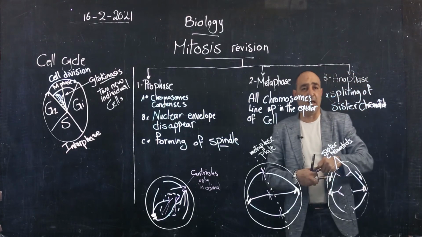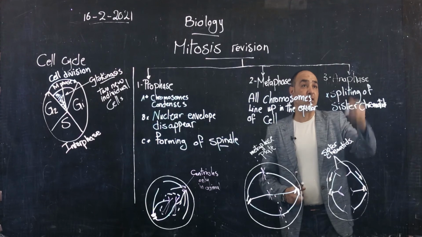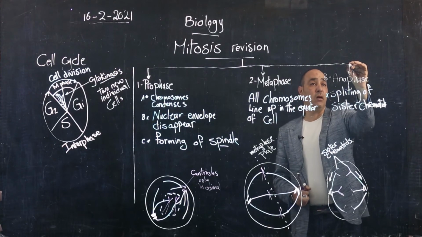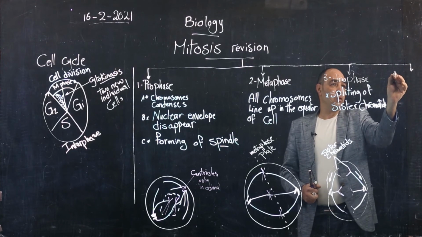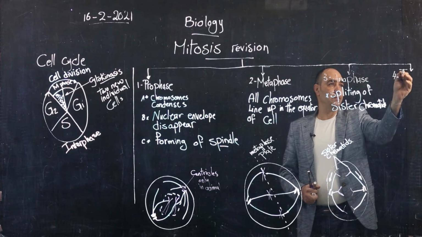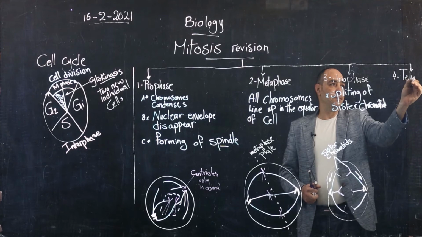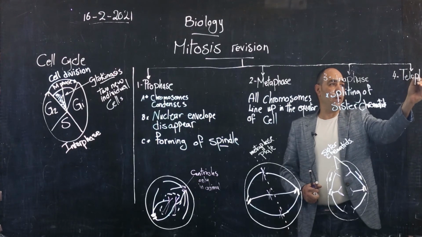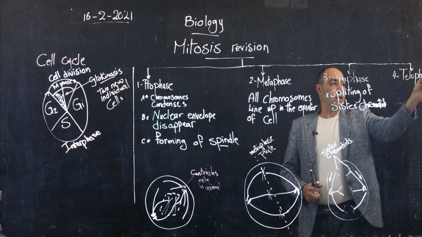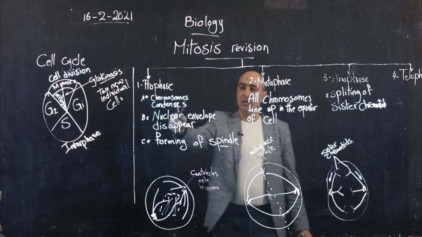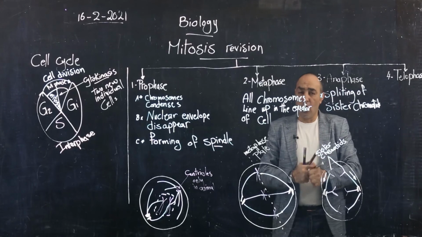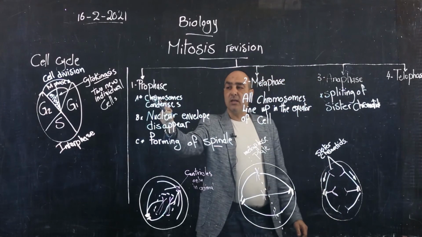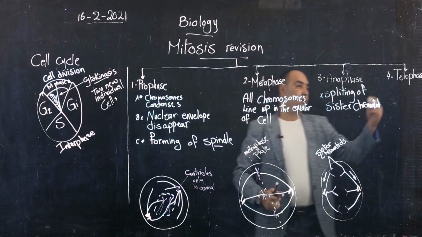The fourth phase at the end of this process, the mitosis, is called telophase. In telophase, all that happens in the prophase is reversed. In the prophase the chromosomes condense.